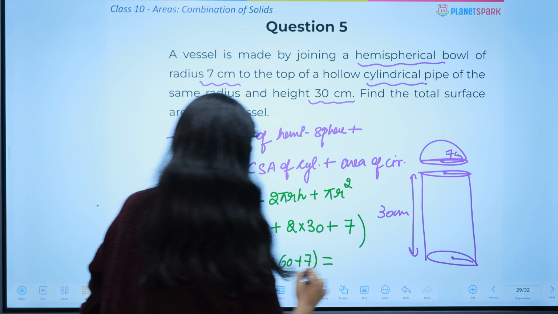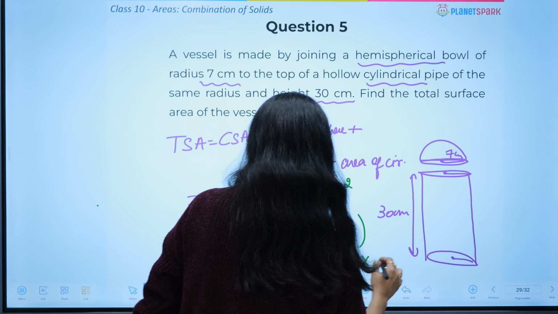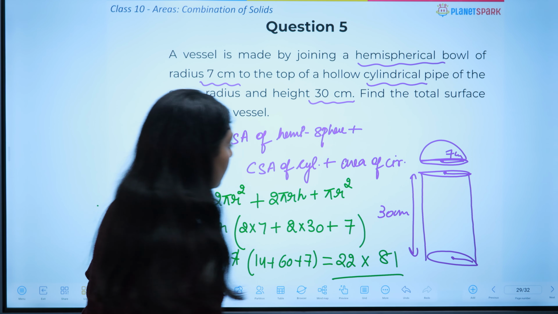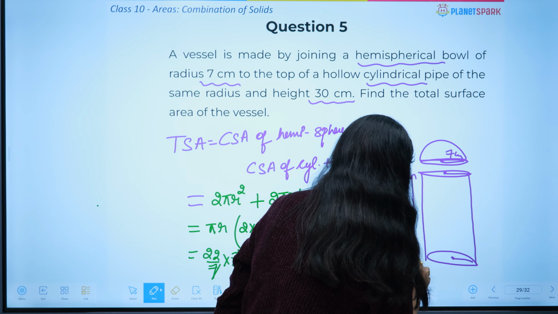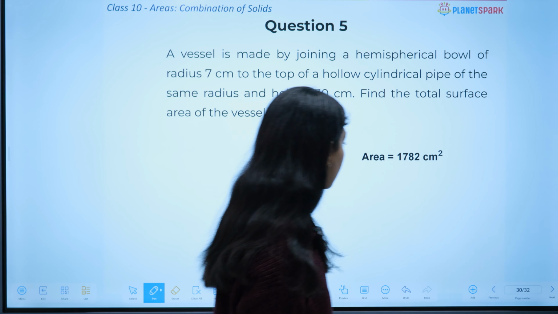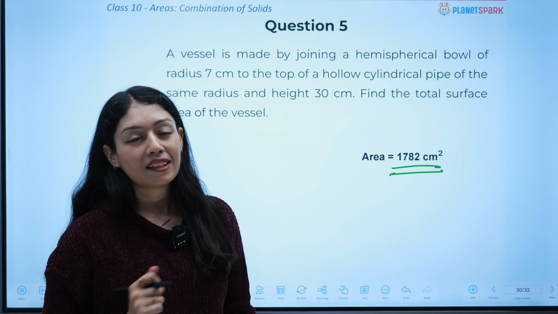So we have got here 22 into 81, right? And since it's area, so units will be centimeter square. So what is the answer, everybody? Yes, we will be getting 1782 centimeter square as our answer.